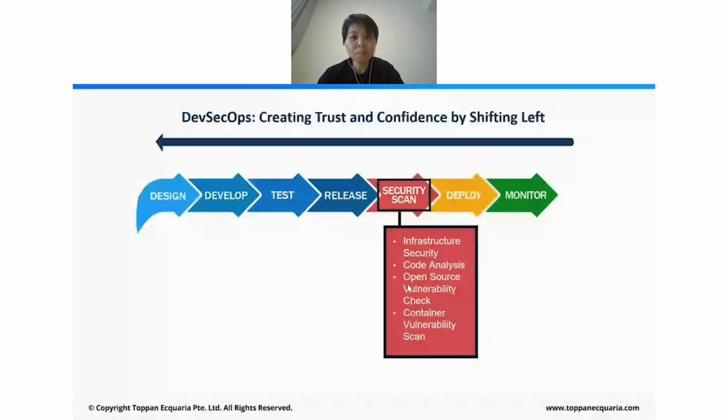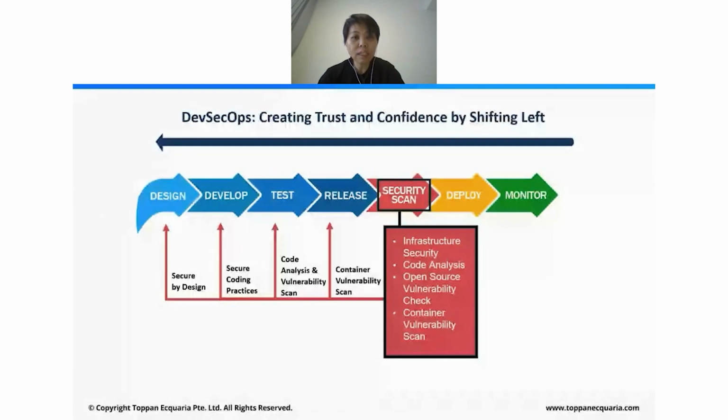Shift left basically means shifting all these security related scanning activities to the left of this entire process as shown over here. The purpose is to have security built in right from the start so that they can be done as early as possible. Issues can be found as early as possible, even during your development stage, and they can be fixed as early as possible without the costly late stage fixes further down the road.